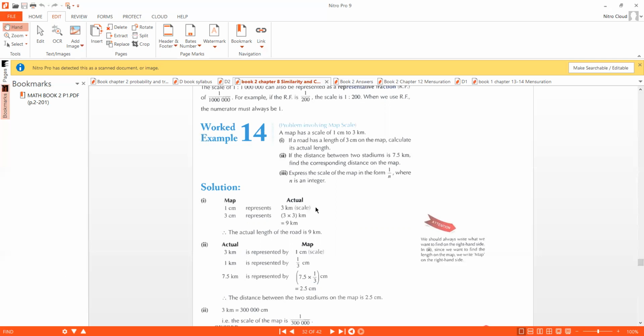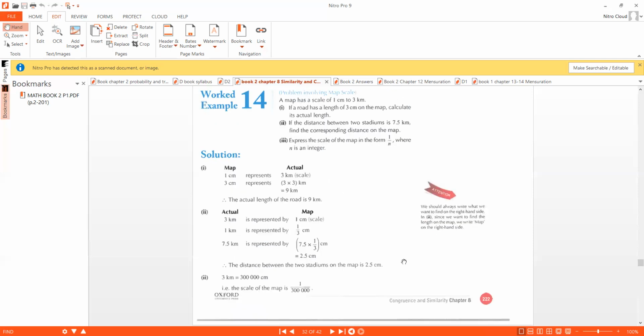When you multiplied 10 by 1.6 or divided 3 by 1.6, that was the scale. You have already done that, but you didn't know what you were doing. So no need to worry about that.